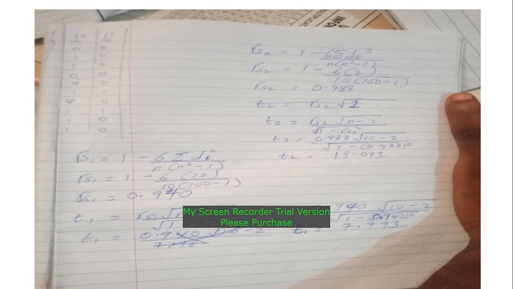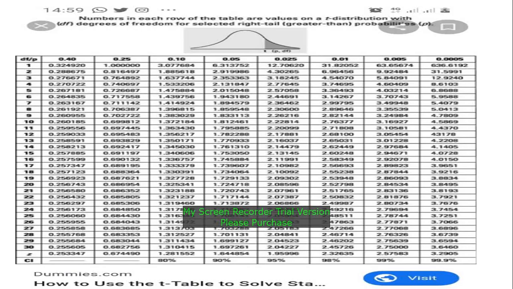It means that homoscedasticity does not exist here. Likewise, we do for T2. Obviously, we can see for T2 we have 18.093, which is obviously greater than 1.89. So that one, we reject the null hypothesis. So in this case, it's heteroscedastic.